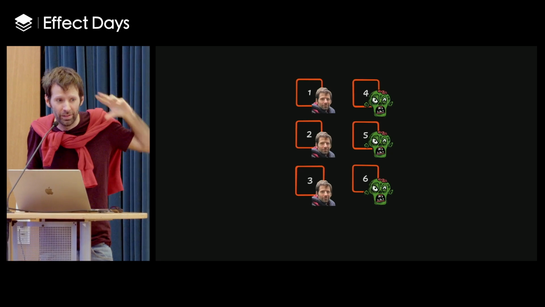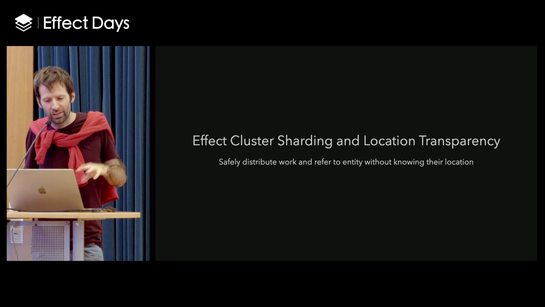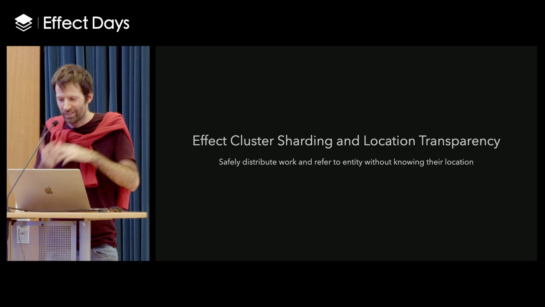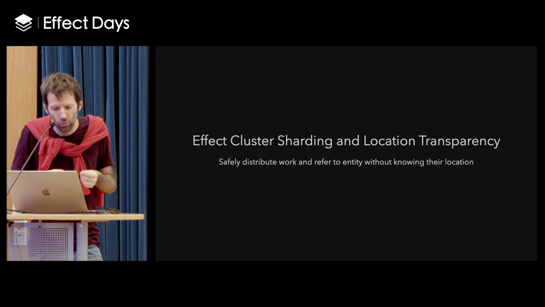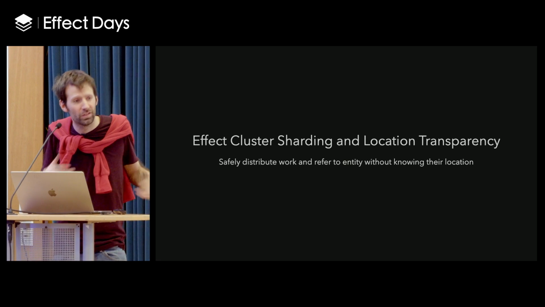And this pattern that we have seen in the real world is called sharding. Effect Cluster also includes a sharding and location transparency set of utilities that allows you to build a cluster of servers that share workloads of entities to process.